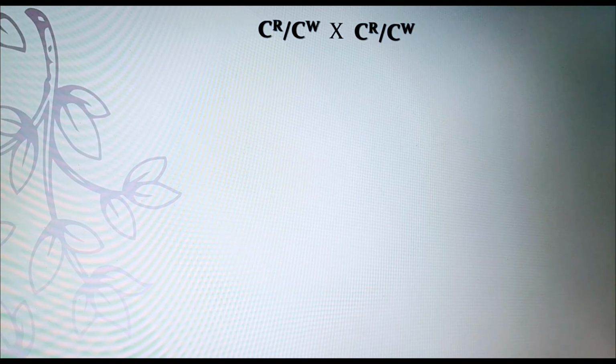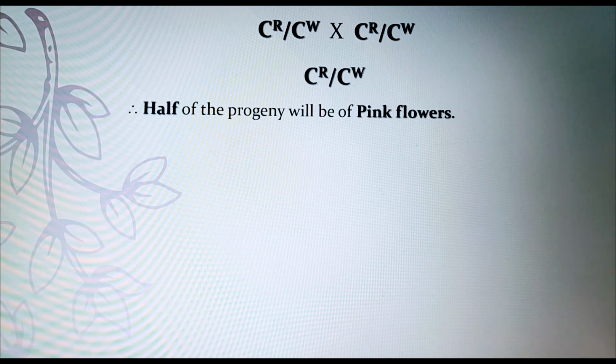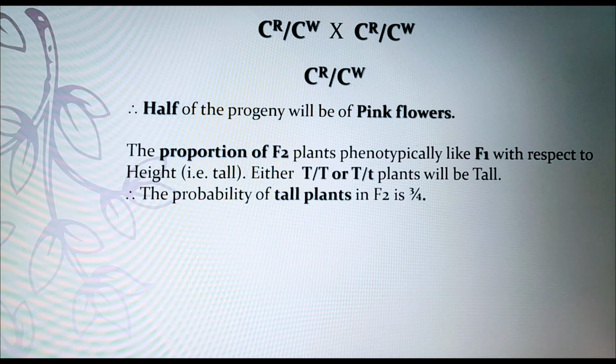Starting from a cross of CRCW with CRCW, we get CRCR, CRCW and CWCW plants. Therefore, half of the progeny will be heterozygous and pink in color. Next, we determine the proportion of F2 plants that are phenotypically like F1 with respect to height, that is tall.